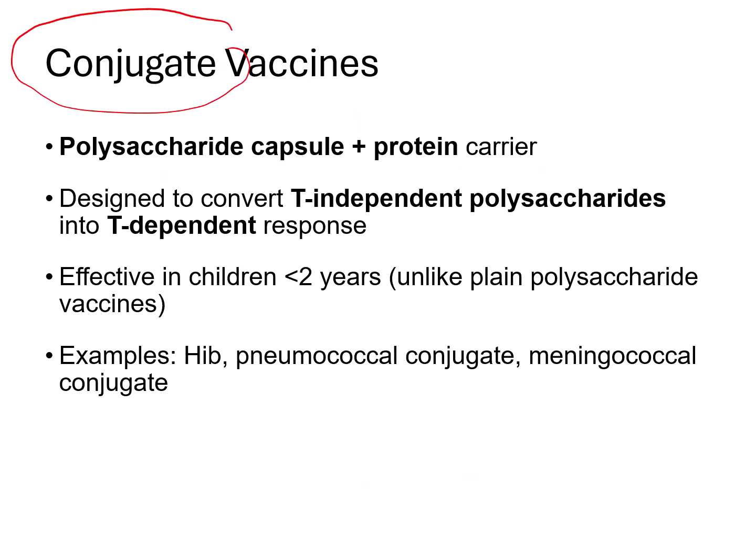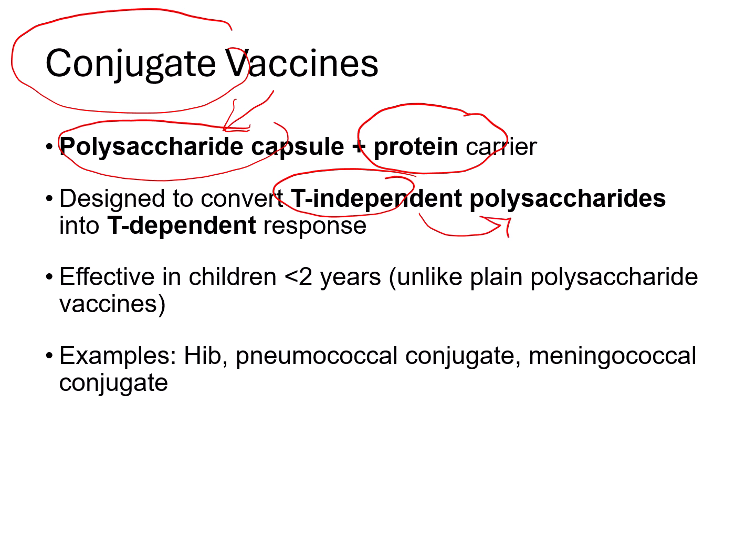Conjugate vaccines are designed for polysaccharide encapsulated bacteria. So it turns out that infants can't mount a strong response against polysaccharides by themselves. But if you attach them to a protein carrier, this is called protein conjugation, it'll convert the T-independent response that usually occurs with polysaccharides to a T-dependent response.